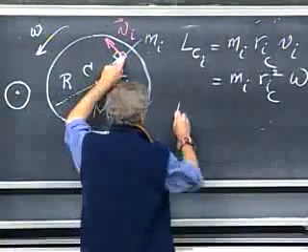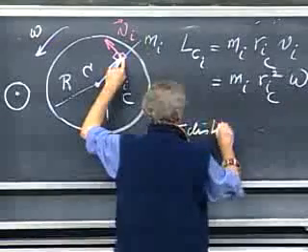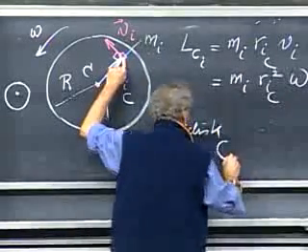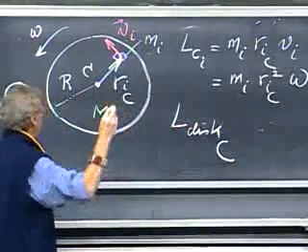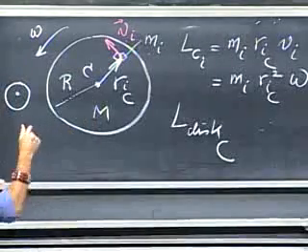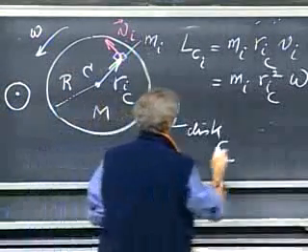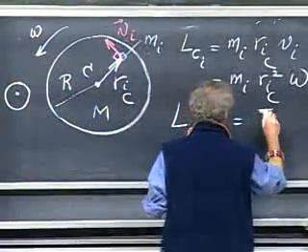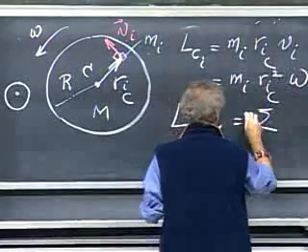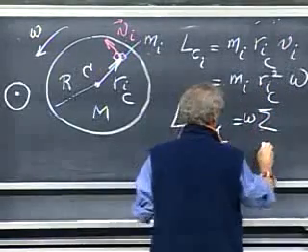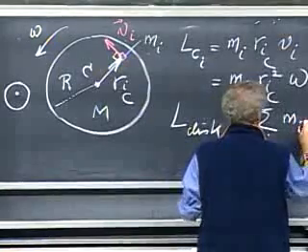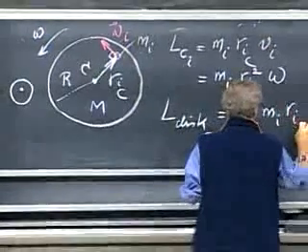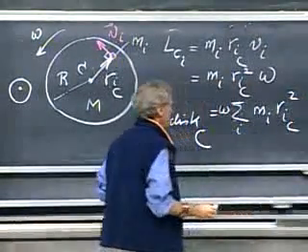But now I want to know what the entire angular momentum is about that point C. There's an axis going through the center of mass, through the center of the disk, perpendicular to the blackboard. And now, of course, I have to do the summation of all these elements I. I can bring the omega outside, and I would have then the summation of m of I, r of I, relative to that point C squared.